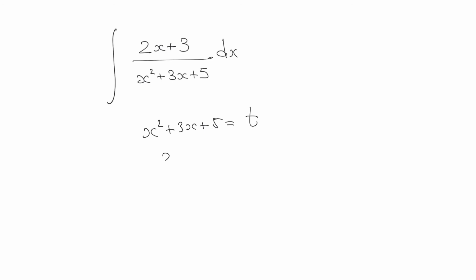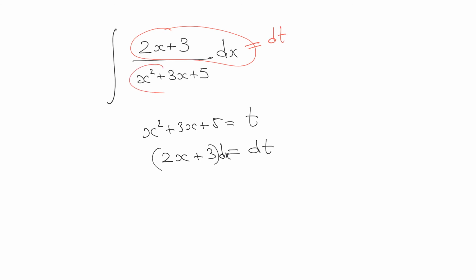Then we have to differentiate it. Differentiation of x square is 2x, of 3x is 3, and of 5 is 0, so (2x plus 3) dx is equal to dt. So we can replace the term 2x plus 3 dx with dt, and instead of the denominator we substitute t.